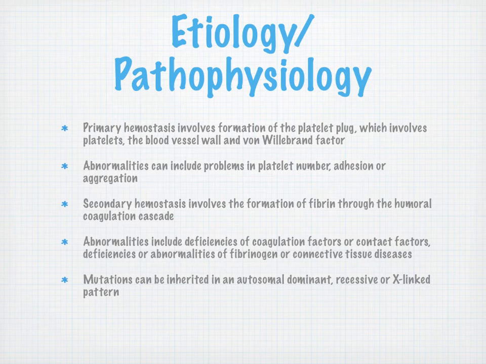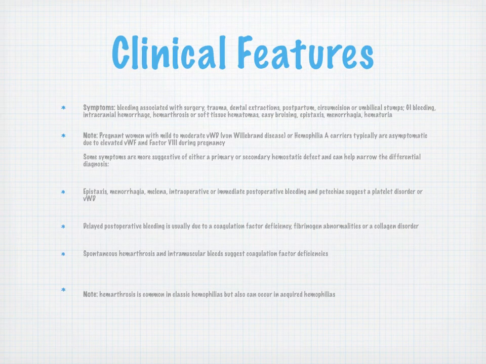And abnormalities can include problems in the platelet number, the adhesion, or the aggregation. And secondary hemostasis involves the formation of fibrin through the coagulation cascade. And abnormalities include deficiency of the factors, or contact factor deficiencies, or abnormalities of fibrinogen or connective tissue. Mutations can be inherited, and you can read the rest of that.